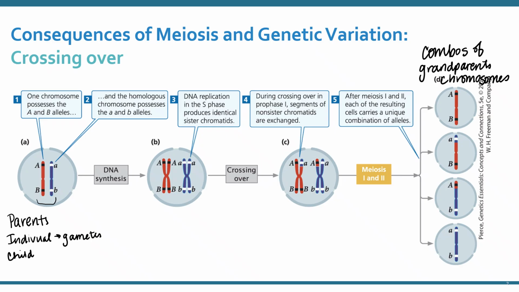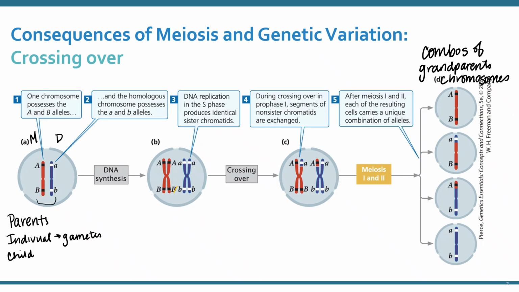So during this process, let's assume that this is mom's original chromosome and this is dad's original chromosome, and then think about this is the individual producing the gametes, so their parents' chromosomes. So if they exchange on their center sister chromatid, so we're going to go through DNA synthesis, exchange at the center here, so we're going to exchange here and here.